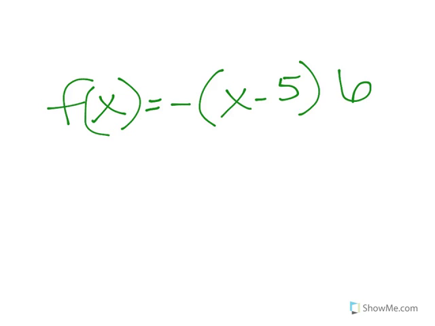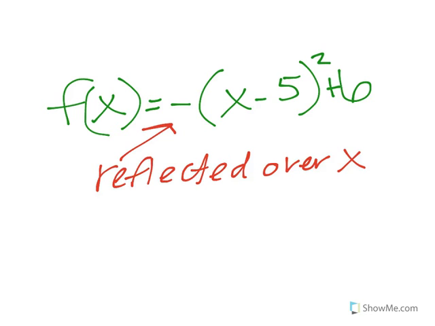So here's my example equation. f(x) = -(x - 5)² + 6. If I had to describe this, I would say because it's a negative, it's reflected over x. Then we look at the horizontal shift.